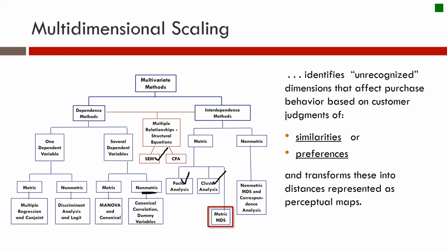We want to use discriminant analysis and logit models when we have some non-metric dependent variable. And then, of course, we want to use multiple regression quite a bit just to test models, when our data is normally distributed and when we have one dependent variable.